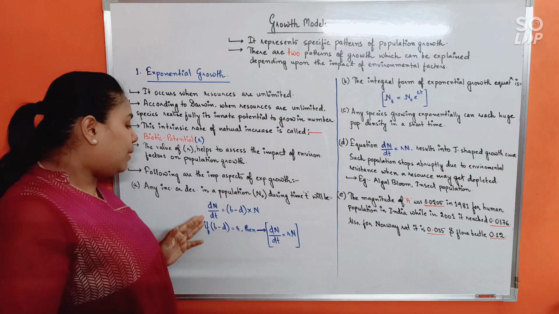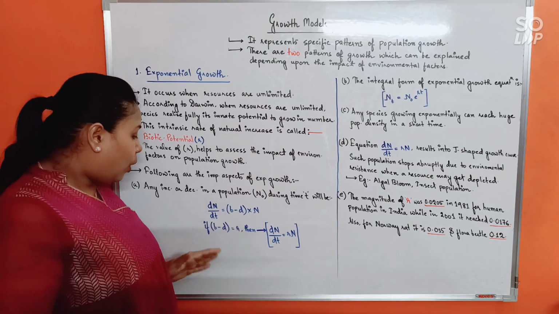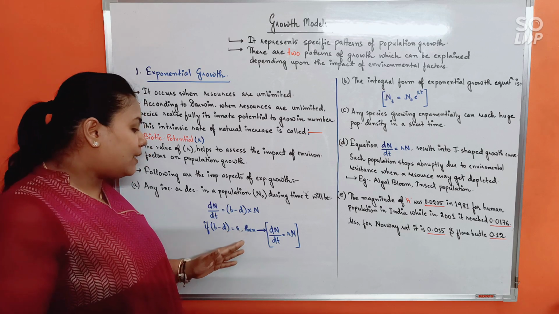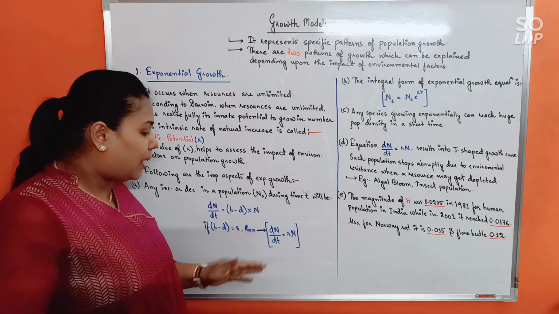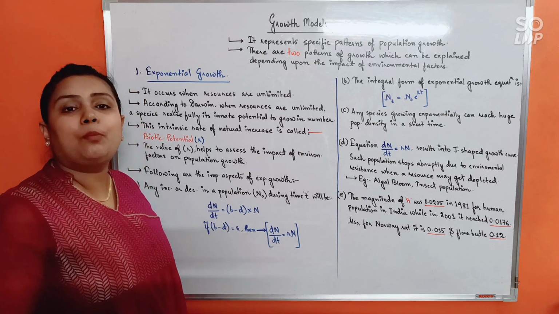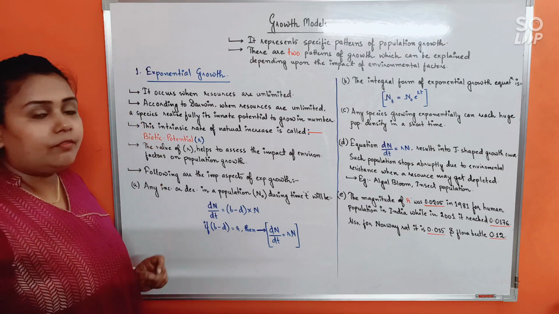Also, if b - d is equal to r, the equation becomes dN/dt = rN. Of course, you should remember that small r here means biotic potential.